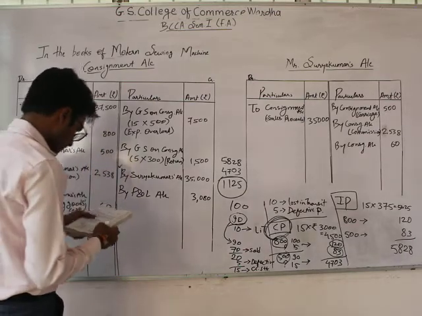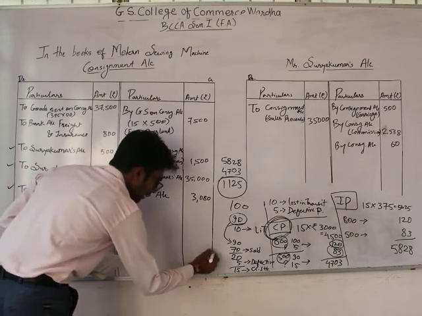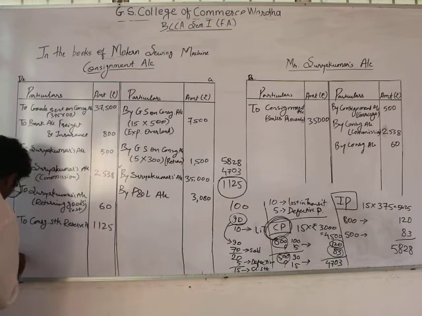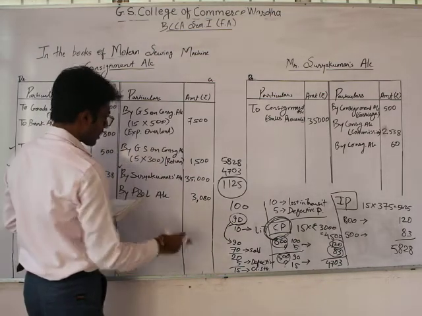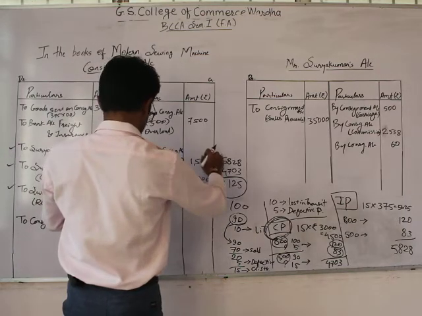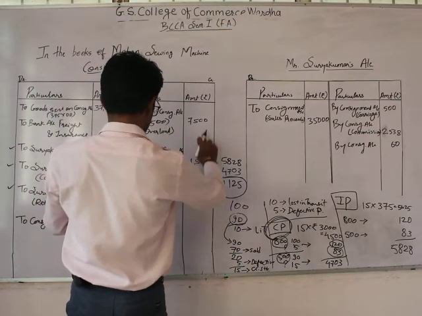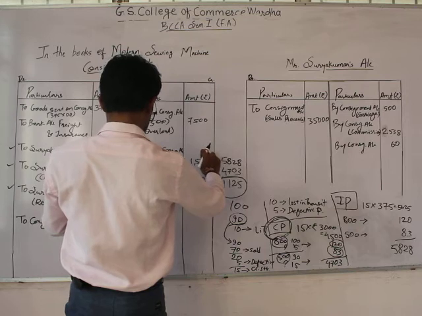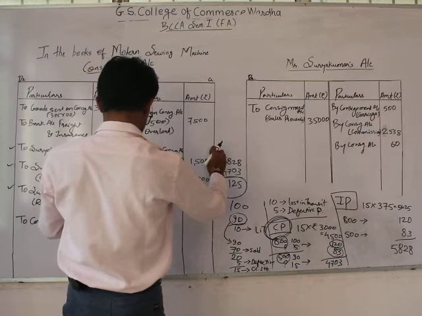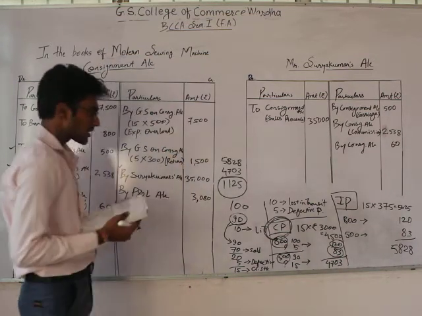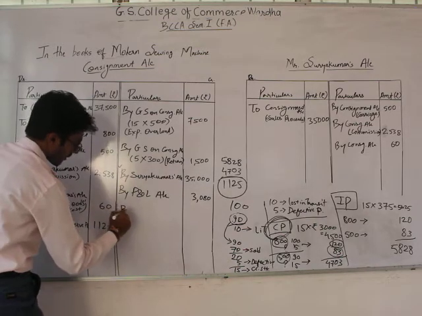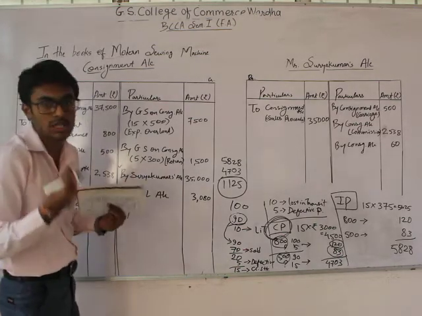Now we have to balance it out and find the profit for consignment. Before that, we have to calculate closing stock.